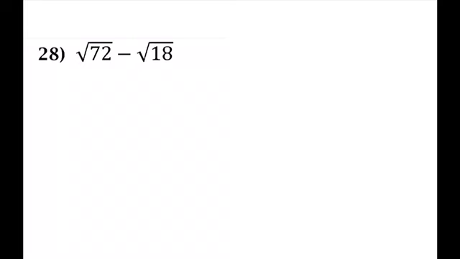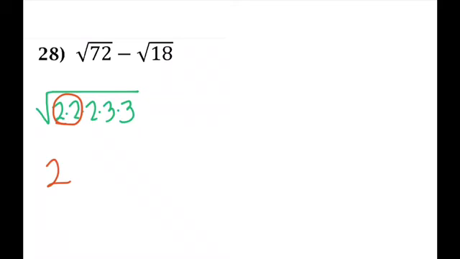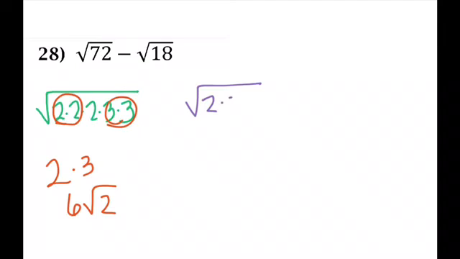Okay, what you should have done for 72, 72 is 8 times 9, so I'm going to write that as 8 times 9. And I'm going to simplify by taking out a pair of 2's and a pair of 3's. So 2 times 3, that's 6, and then square root 2 is left underneath. That's what square root 72 is. For 18, that's 2 times 9.